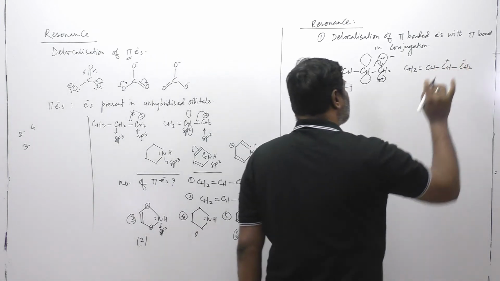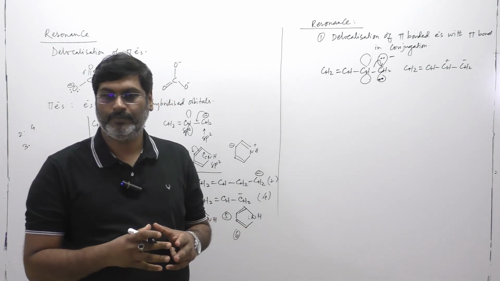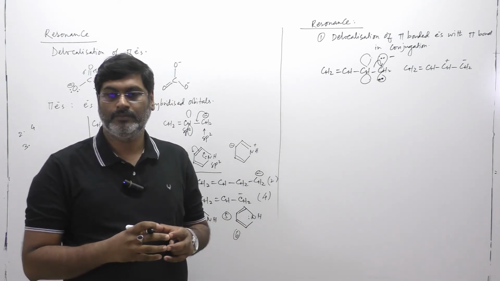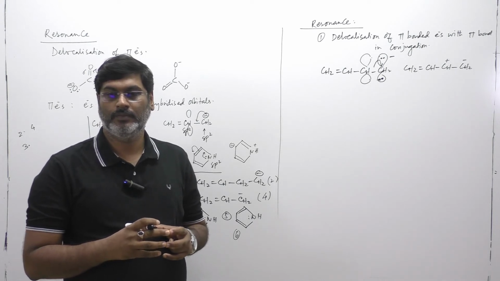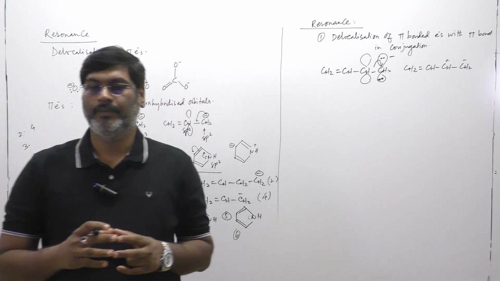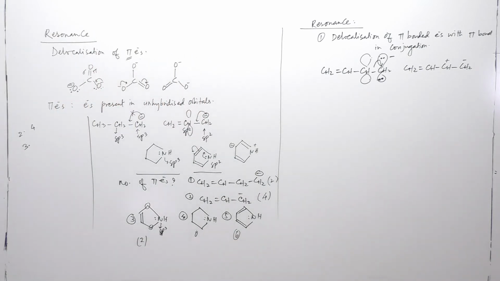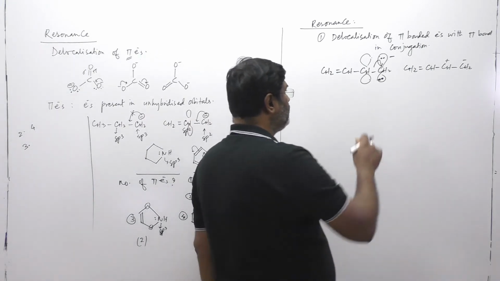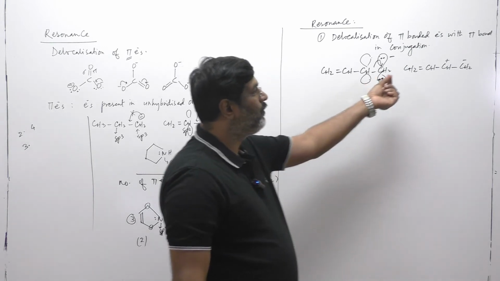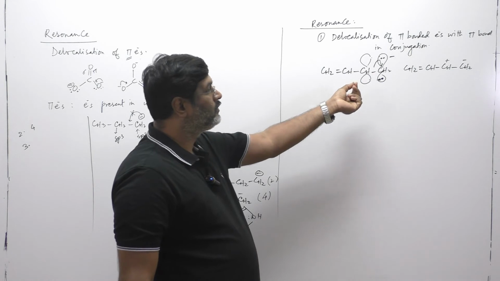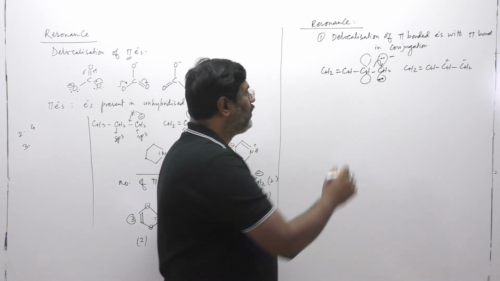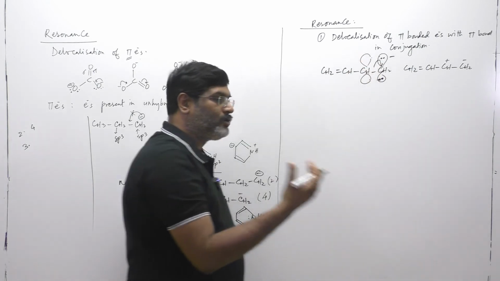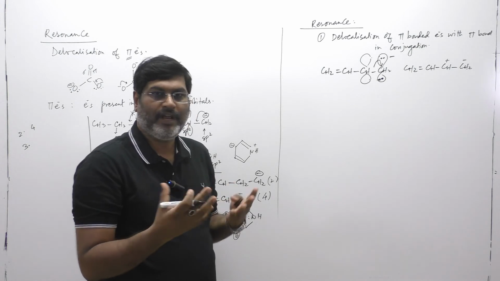That's why we have the positive charge. Here positive, this is vacant, and there is a negative charge. Since this is vacant, it can also accept electrons and form the pi bond.